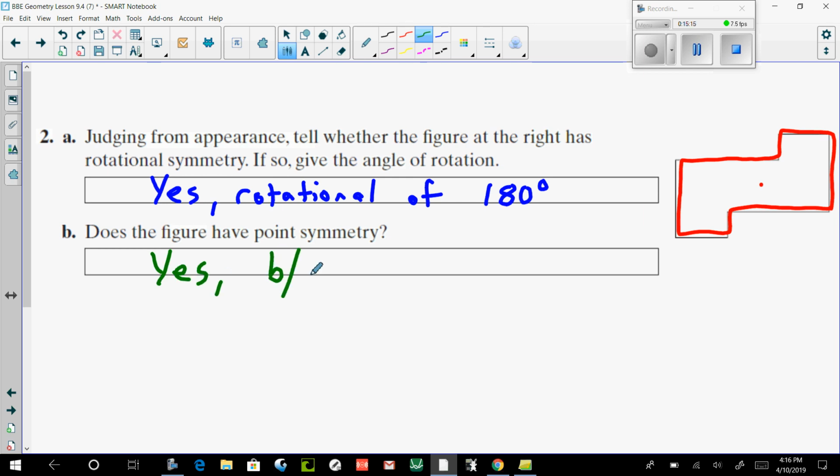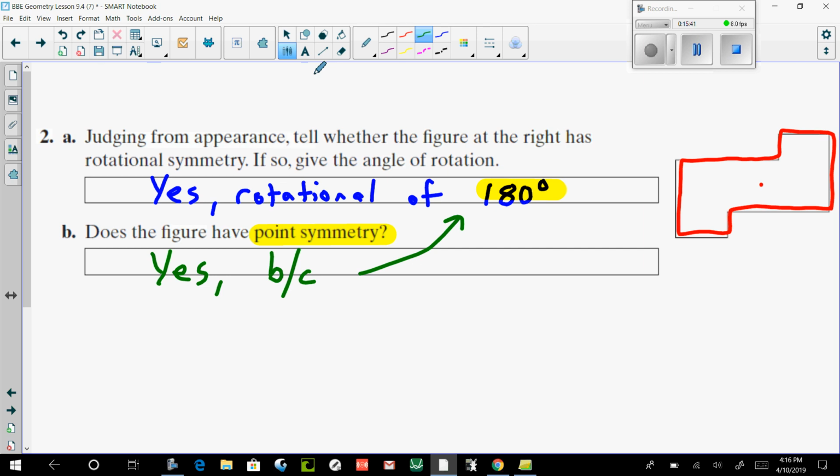And your answer is going to be because it's exactly 180 degrees. So because the rotation was exactly 180 degrees, the object does have point symmetry. I really want to connect those two pieces, that they are separate, but this is just more specific as to the type of rotational symmetry. So hopefully that gives you a little better idea.